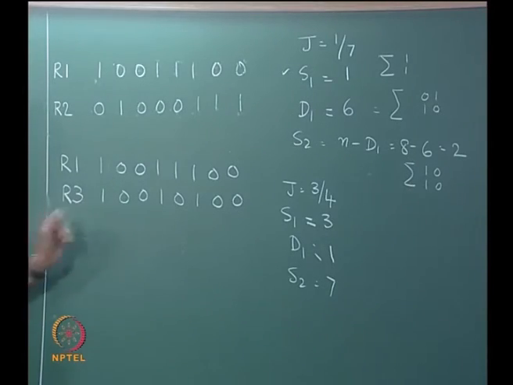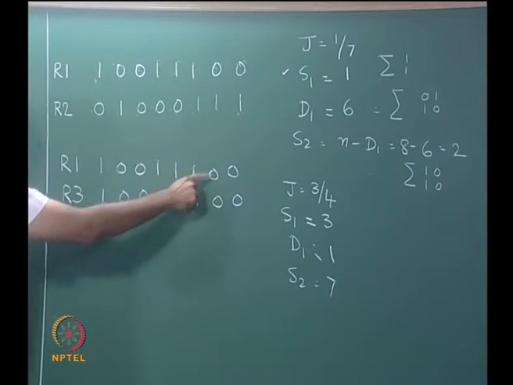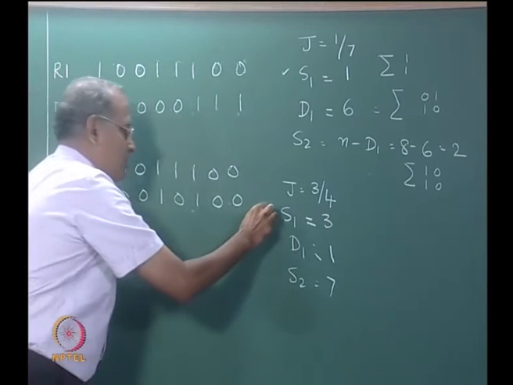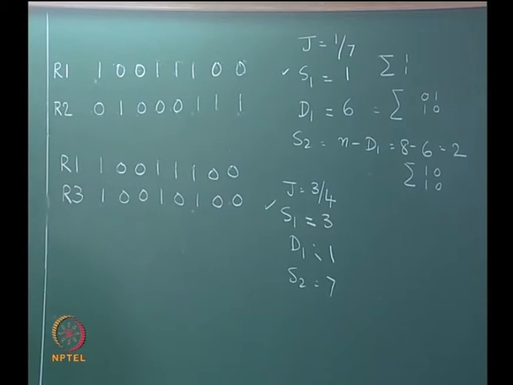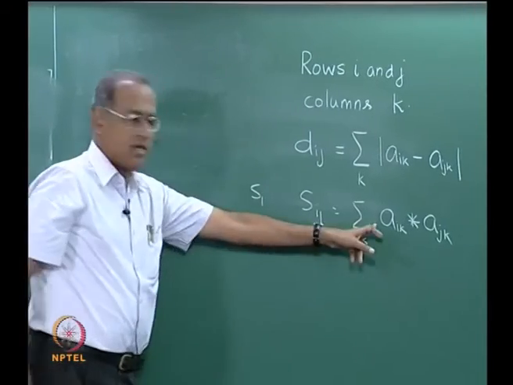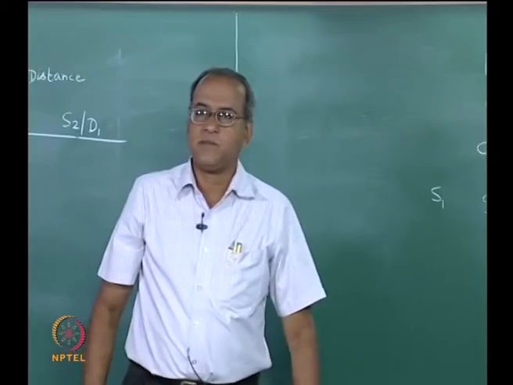Let us see what happens here. 1 0 0 1 0 1 0 0, you get this. So, your S1 that you defined there is given by this multiplication.